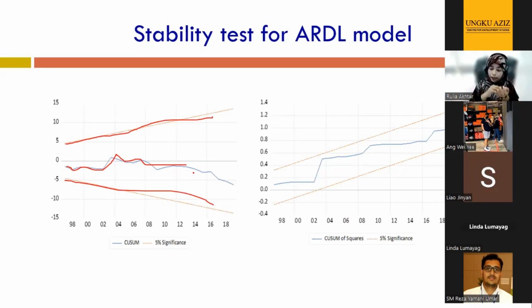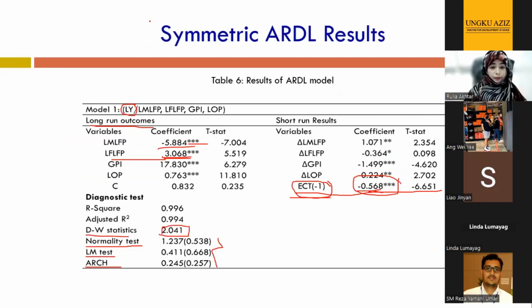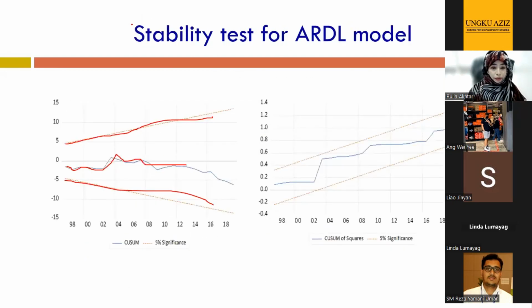If the blue line is between the two dotted red lines at the 5% significance level, our model is stable. If not, then something is wrong there, and we cannot take the model.